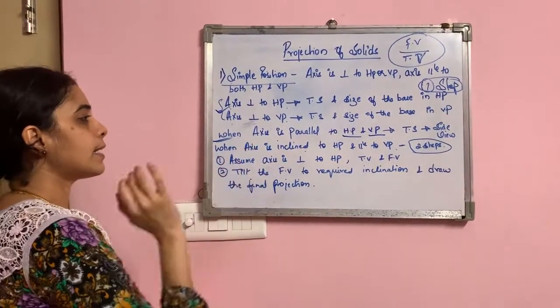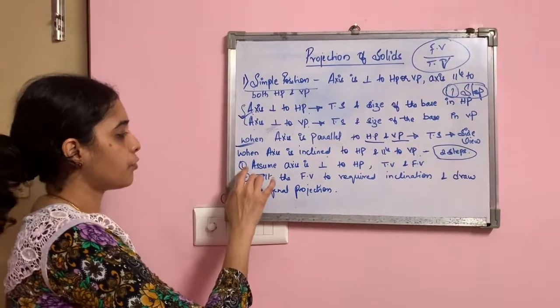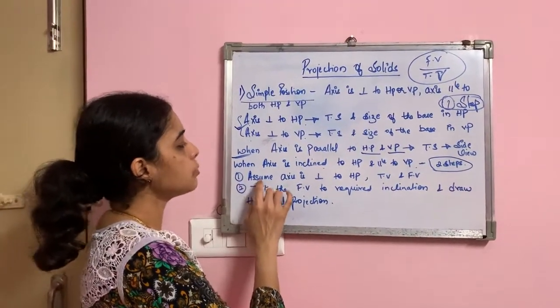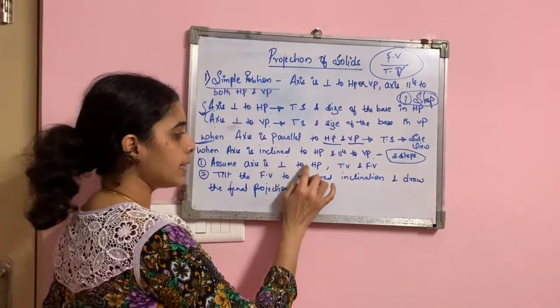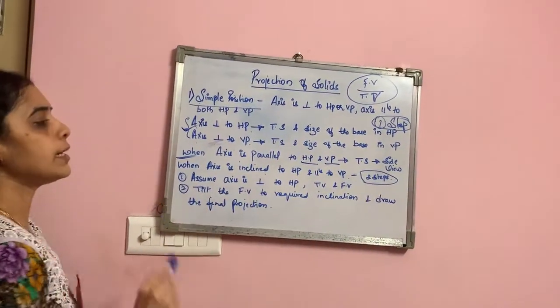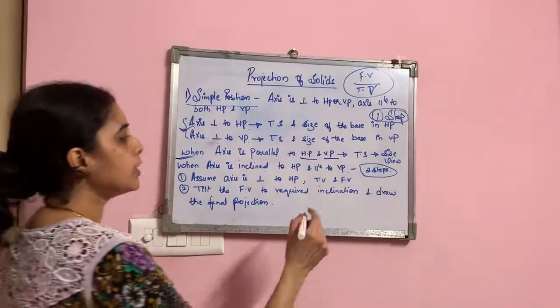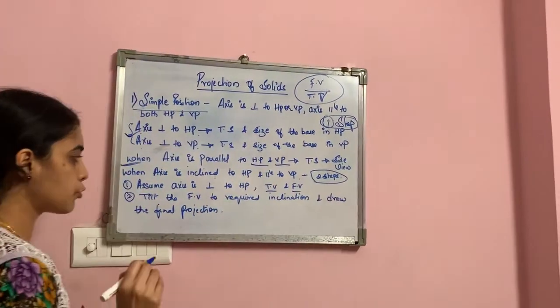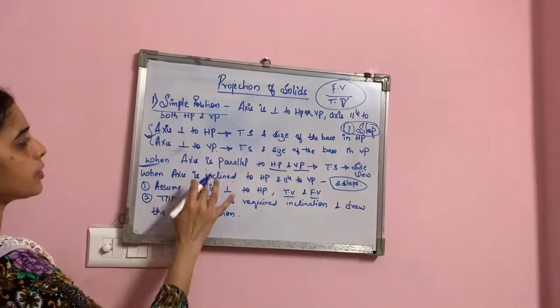When this is the condition, always for the first stage we assume that the axis is perpendicular to HP. So assuming the axis is perpendicular to HP, we will draw the top and the front view. This is the same case I explained.